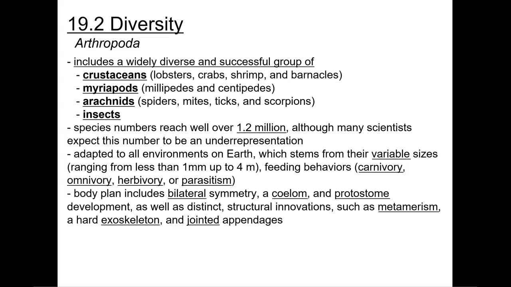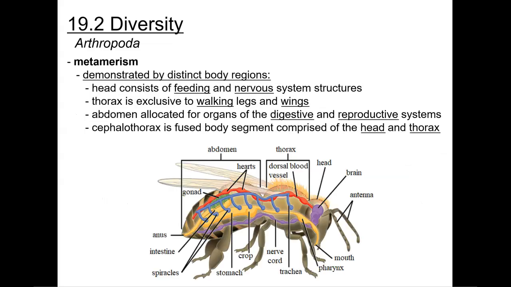Some of them are carnivores, some are omnivores, some are herbivores, and some rely on parasitism. Their body plan includes bilateral symmetry, a coelom, protostome development, as well as distinct structural innovations such as metamerism, a hard exoskeleton, and jointed appendages.